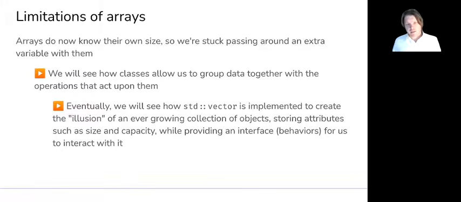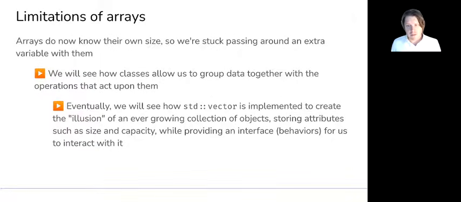Another limitation of arrays is that they do not know their size, so we're stuck passing around an extra variable with them. We will see how classes will allow us to group data together with the operations that act upon them. Currently, you're familiar with structs, so theoretically, you could put an array together with some variables, data members in this case, that would maintain the actual capacity of that array and how many elements are stored within it, a size.